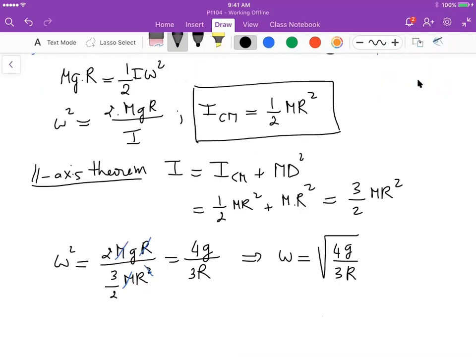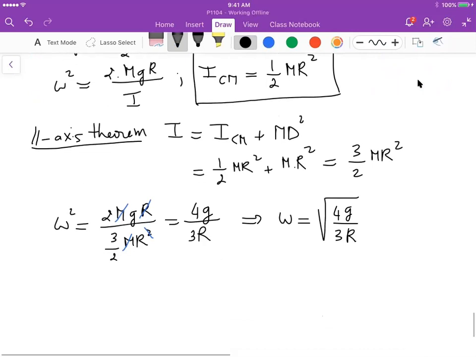Because we are not looking for the angular speed. The question was how much is the speed of its center of mass when the disk reaches the position indicated by the dashed circle. So we are looking for v center of mass. As you know from the relations between the angular and linear variables, the linear speed is related to the angular speed through the radius r, where r is the radius of the circle along which the center of mass is moving.